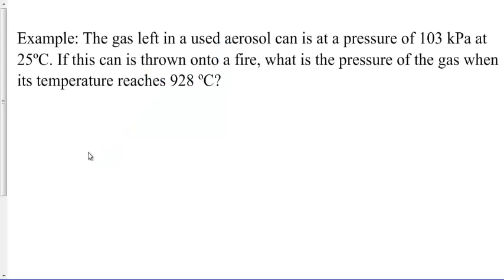Okay, so we're going to do some examples. The gas left in a used aerosol can is at a pressure of 103 kilopascals at 25 degrees Celsius. If this can is thrown into a fire, what is the pressure of the gas when its temperature reaches 928 degrees Celsius? I suggest you pause and underline what components you have and label them.